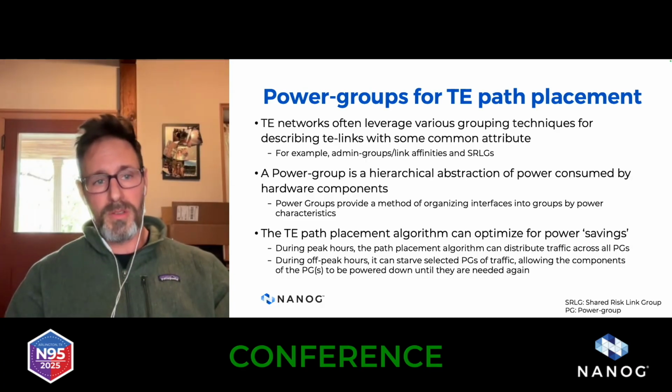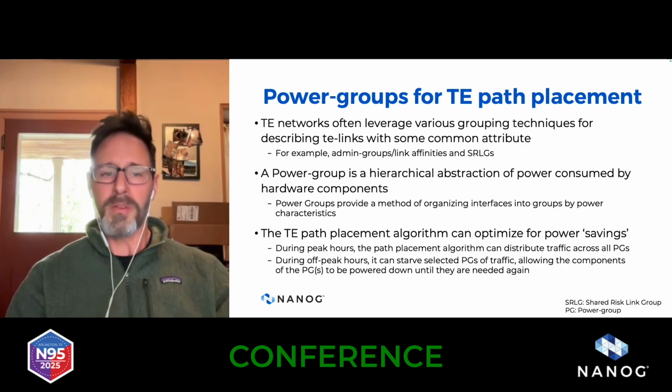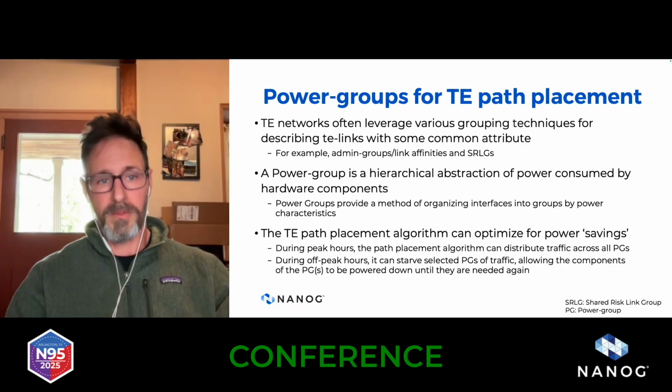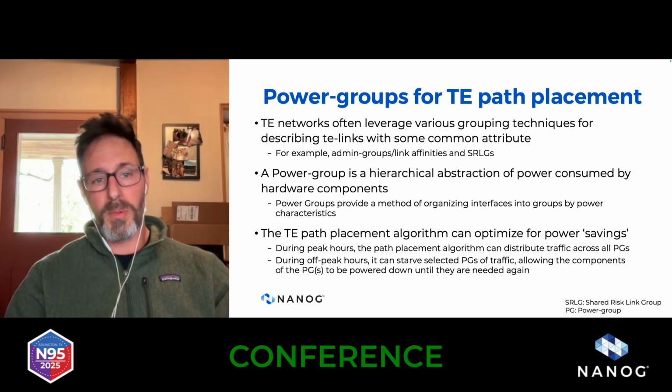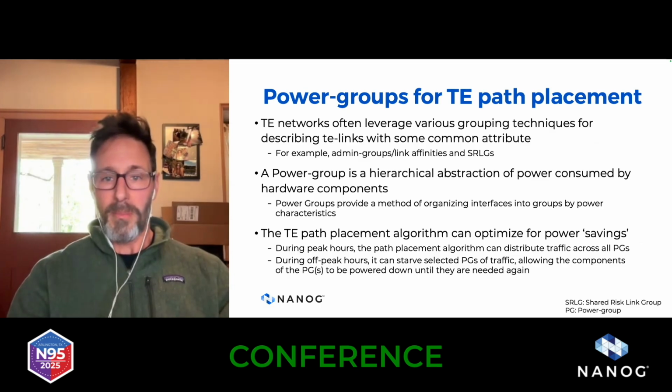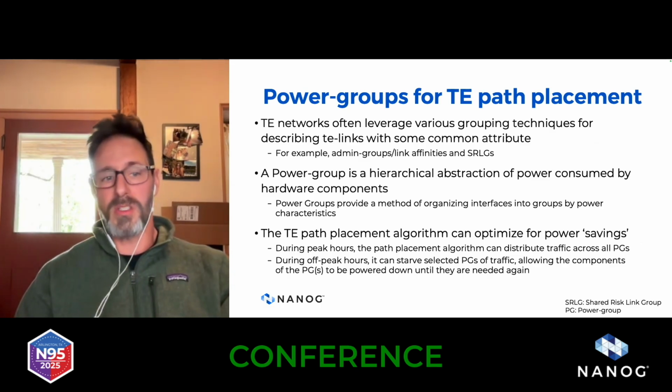What I'm going to introduce to you today is called a power group. A power group is meant to describe a hierarchical abstraction of the power consumed by a dependency chain. These power groups provide a method of organizing interfaces by those dependency chain characteristics.